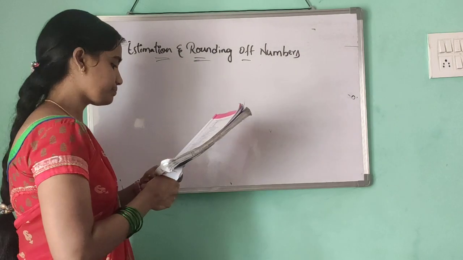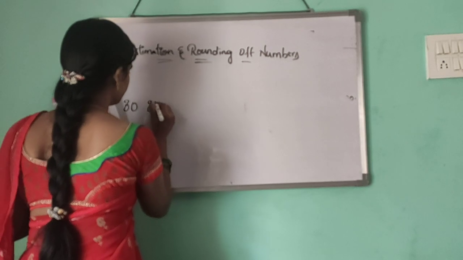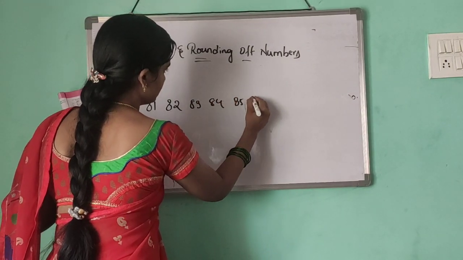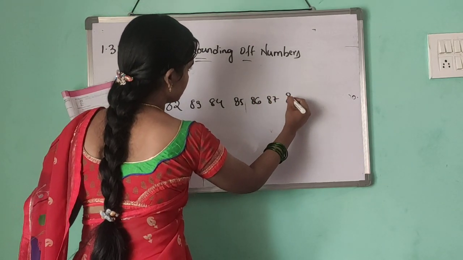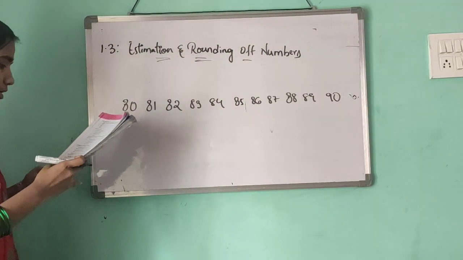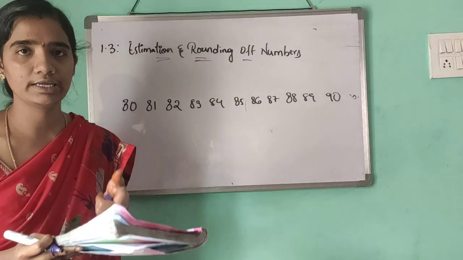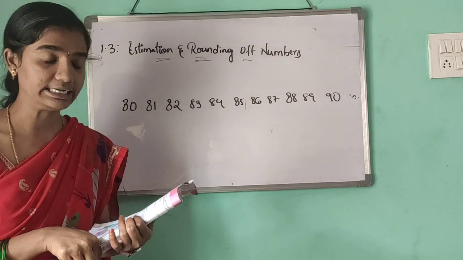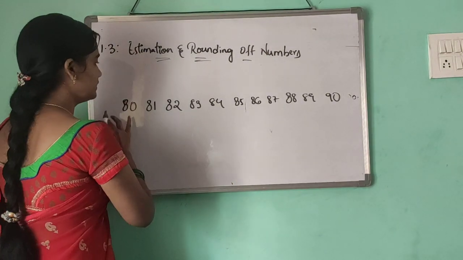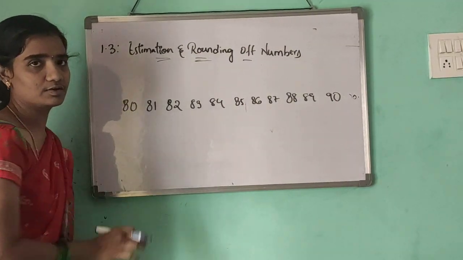Okay. Here, look at the following numbers and round them to the nearest ten, hundred, thousand. Among these numbers, all have two digits, so that means ones and tens.